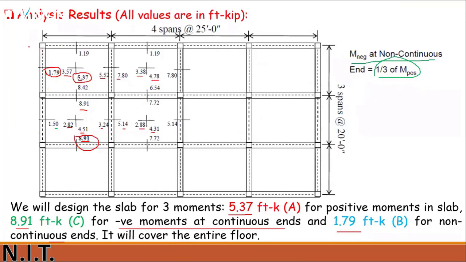For example, this is my non-continuous side. From this non-continuous side, which value is bigger? That is 1.79. I have written it over here. From the center values, there are 8 values. Which value is bigger? That value is 5.37. At the continuous side, the bigger value is 8.91. So I have selected these 3 moments to design the complete slab area of steel.